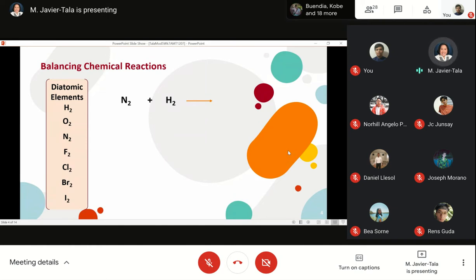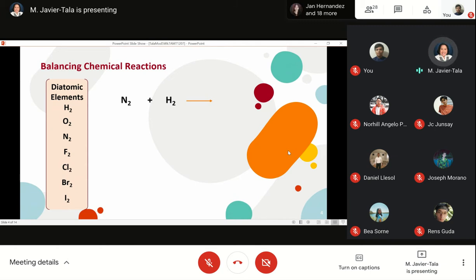Class, there are some exceptions when writing your chemical reactions, and these are some of them. These diatomic elements are elements that occur as two atoms in nature per one molecule. So when you write them in a chemical reaction, you don't just write H. You write them with subscript 2.